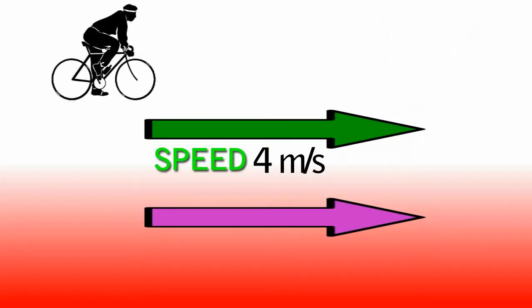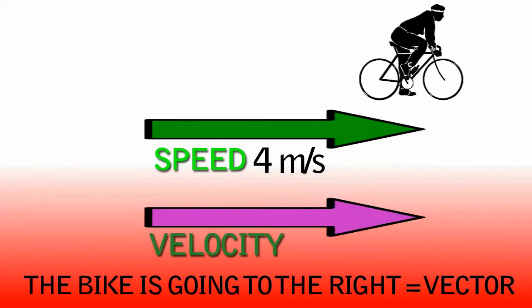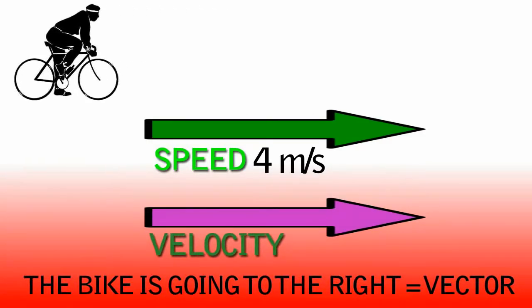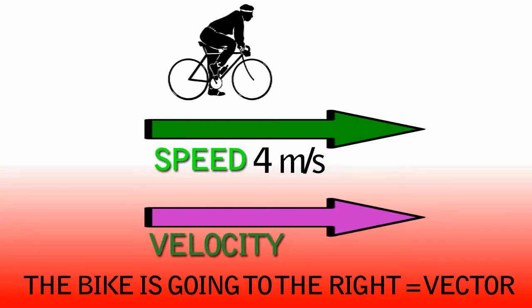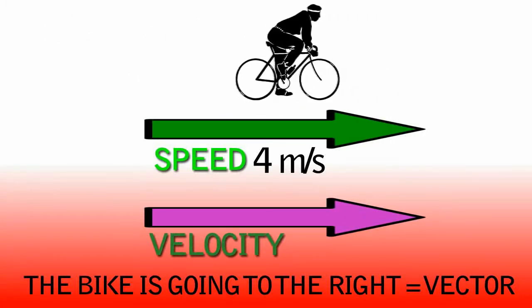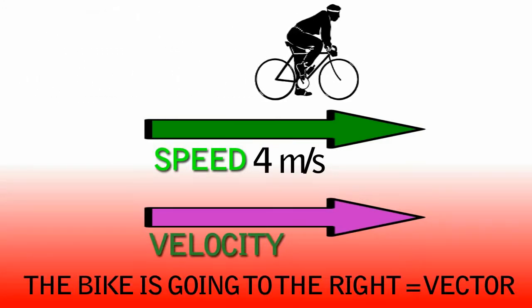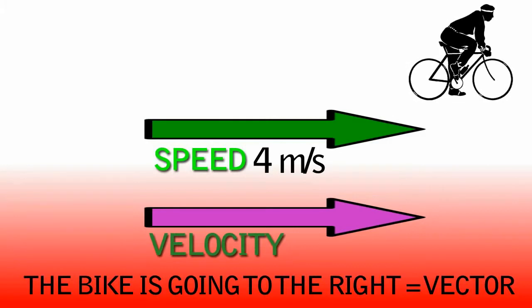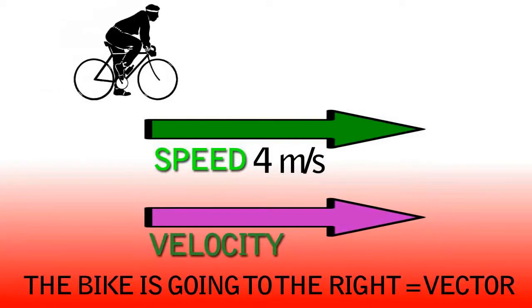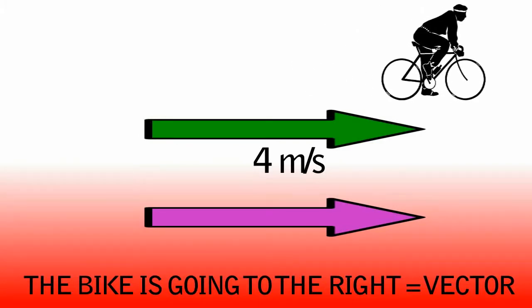As soon as you have a vector, a direction, it becomes a velocity. So a velocity is nothing more than a speed that has been given a direction. They're pretty much the same thing, except a velocity has a direction.